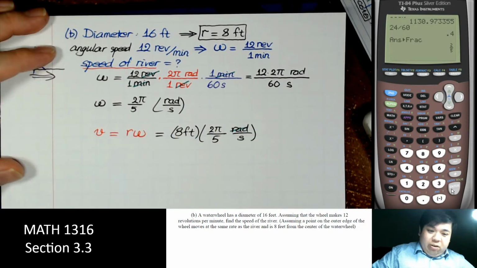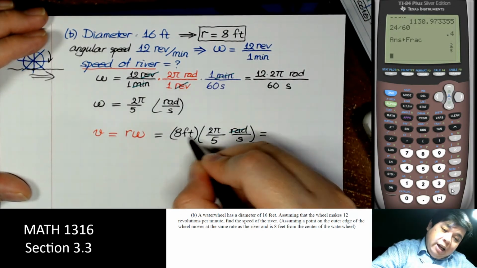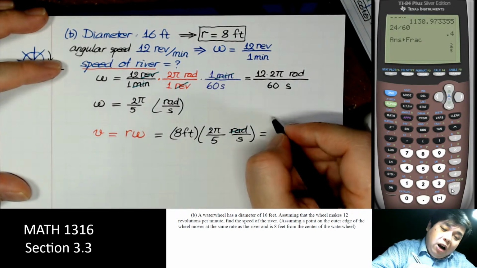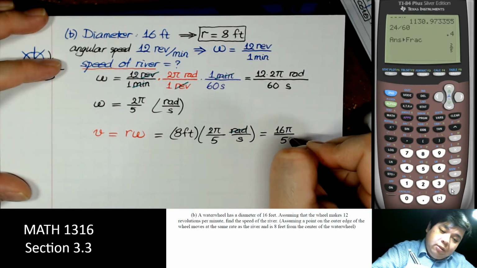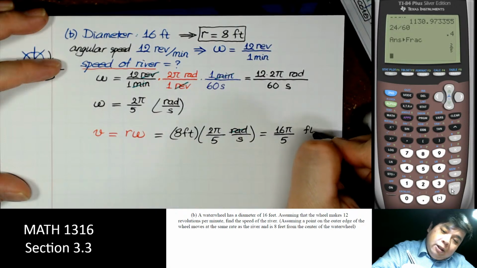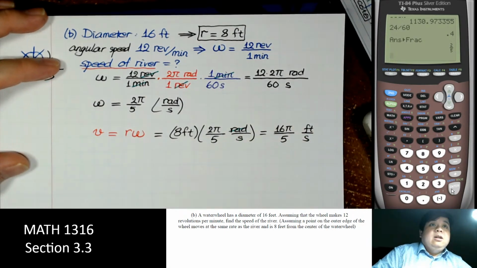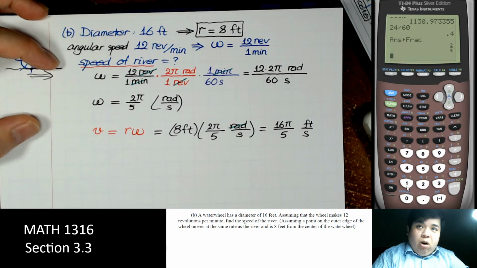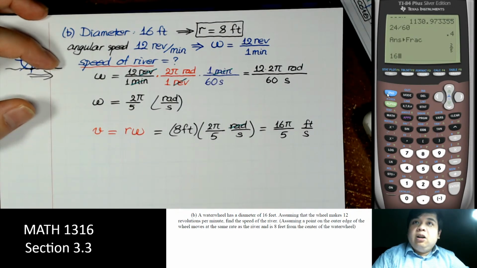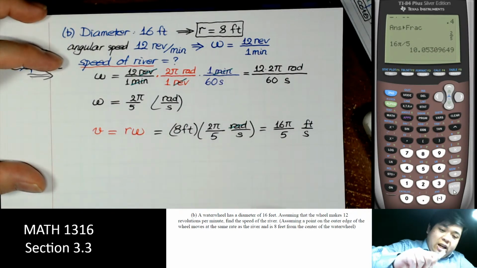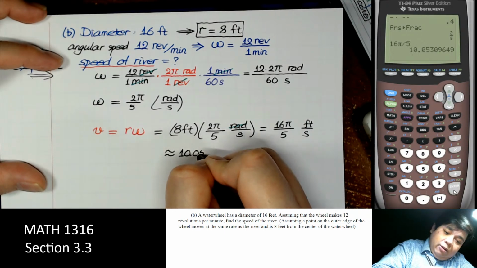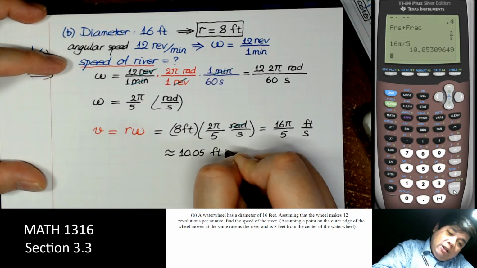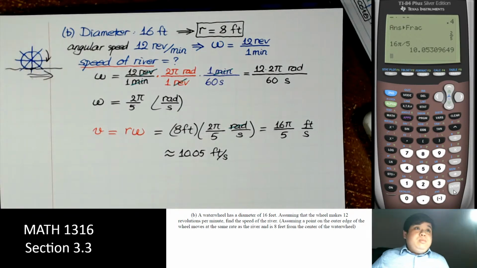Radians cancel by themselves. 8 times 2 pi gives 16 pi over 5 feet per second. Approximately, 16 pi divided by 5 is about 10.05 feet per second. So that's the speed of the river.